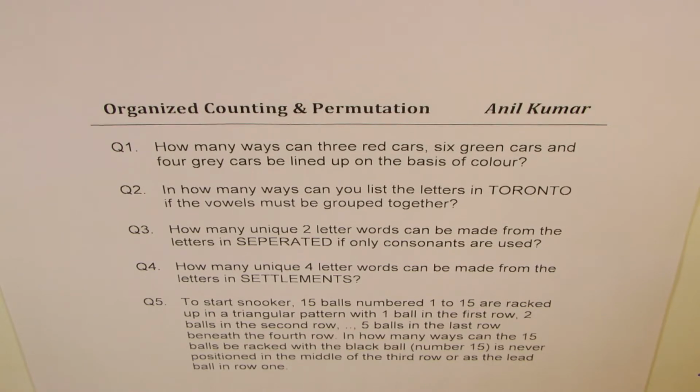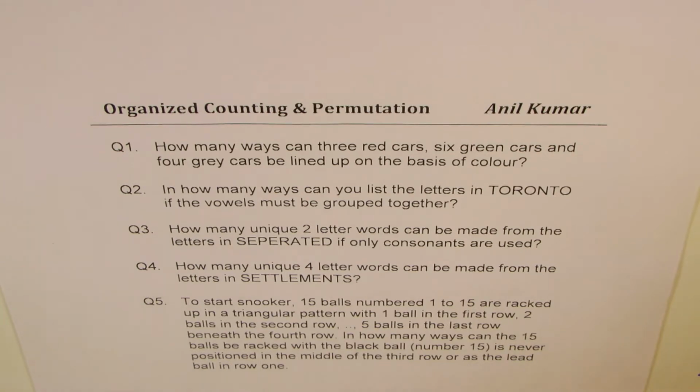Question number 3, how many unique 2-letter words can be made from the letters in separated if only consonants are used? Question number 4, how many unique 2-letter words can be made from the letters in settlements?